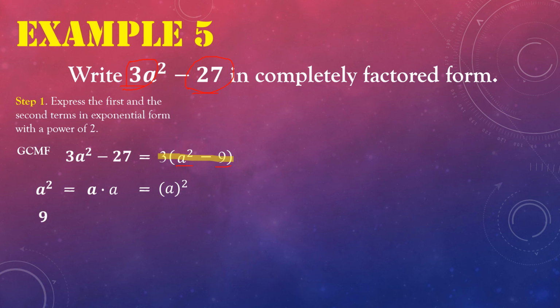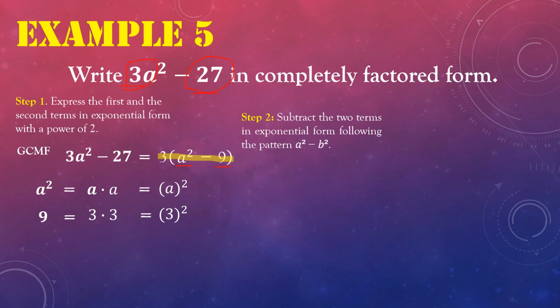On the other hand, 9 can be written as 3 times 3, in the exponential form, that is, the quantity of 3 raised to 2. So we can proceed with our step 2 using the pattern a squared minus b squared. So our first term is equal to the quantity of a raised to 2 minus our second term, the quantity of 3 raised to 2.